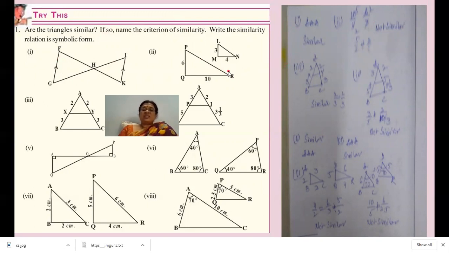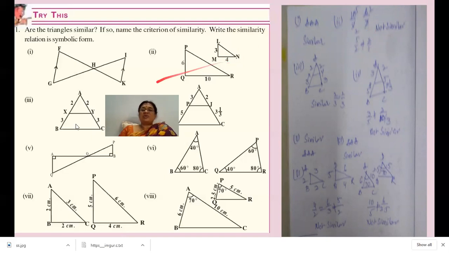How can you say they are similar? If the angles are equal, the sides attached to those angles should be proportional. So 10 by 4 should be equal to 6 by 3. But here you will see they are not equal, so you can say they are not similar.